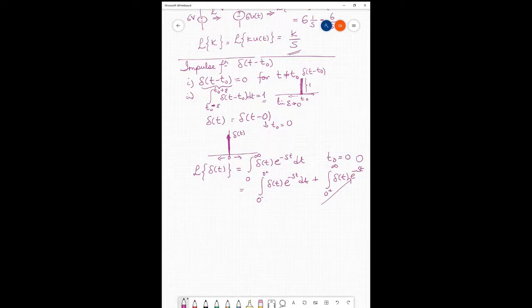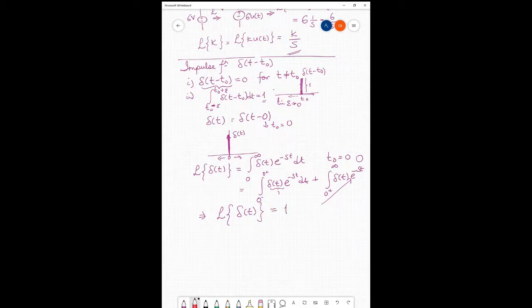But for that limit, we know that the integration of Dirac at t dt is 1, so the whole value carries the Laplace information. If we substitute 0 there for e raised to minus st, it should give us 1, which gives us that the Laplace transform of Dirac at t is always going to be 1.